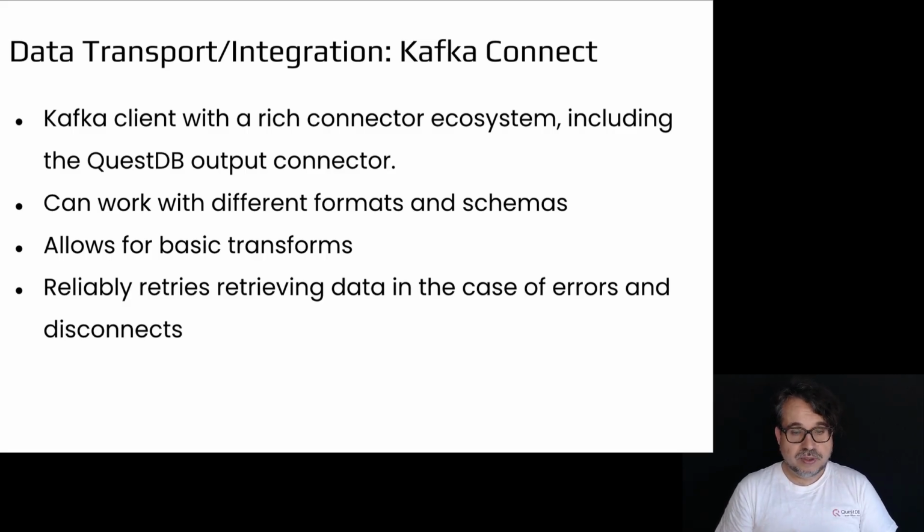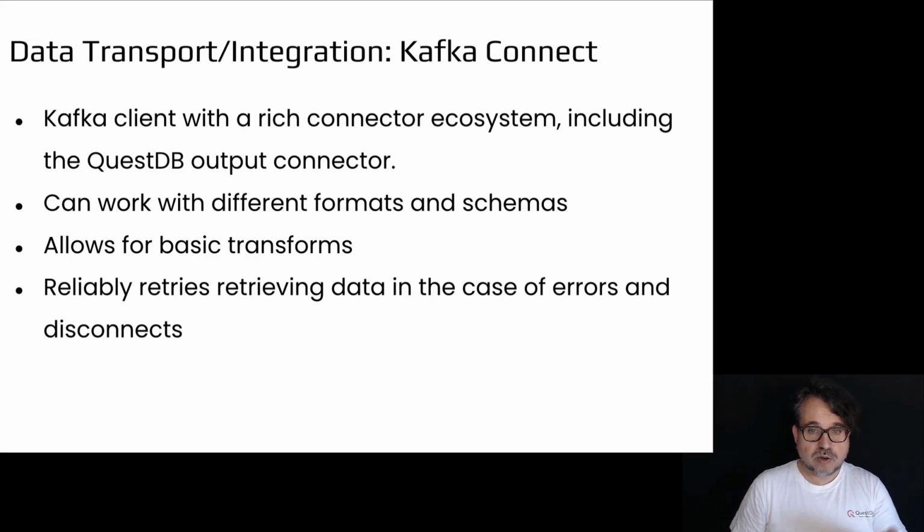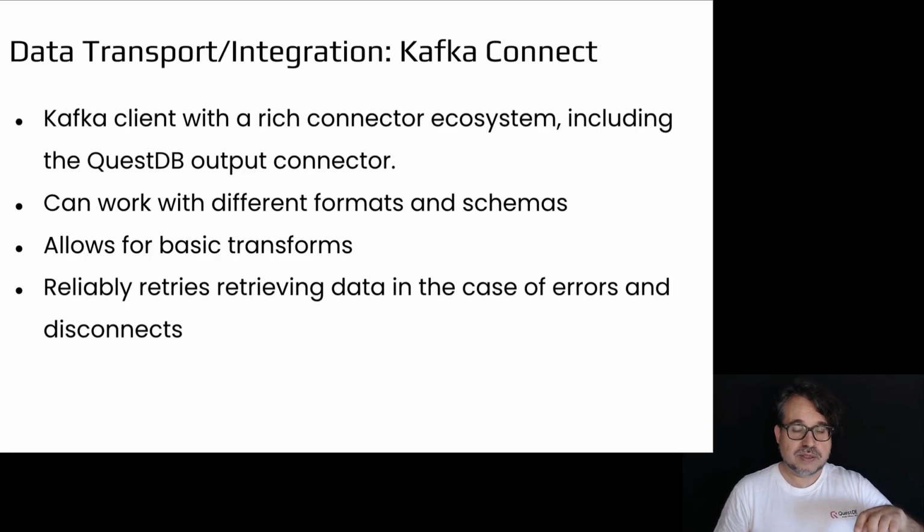But you need to ask to get the data. So rather than building a client yourself that is doing that, you can use Kafka Connect, which is a standard component in the Kafka ecosystem. Kafka Connect is a component that can run alongside your Kafka cluster. And basically, you can configure Kafka Connect with many different sources. In my case, I'm going to configure the source of data as this Kafka topic.